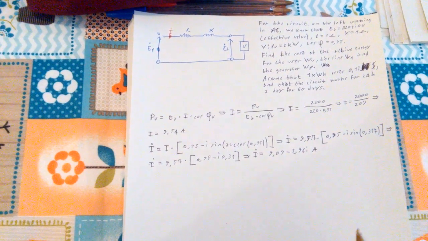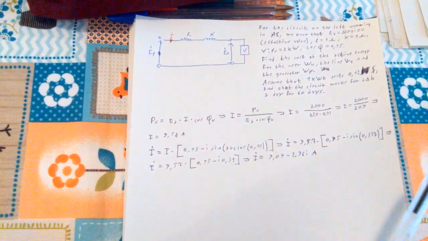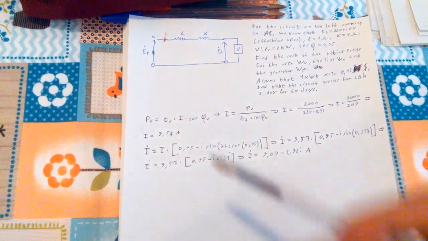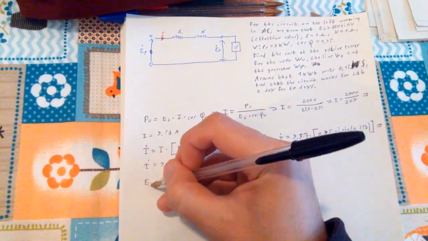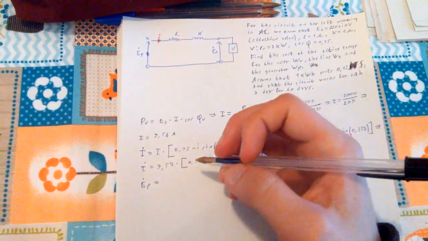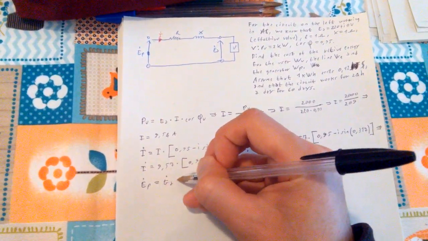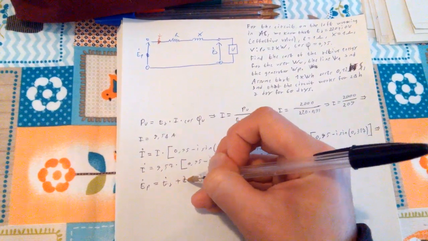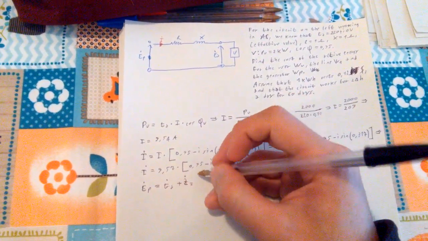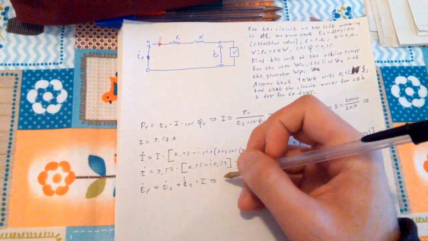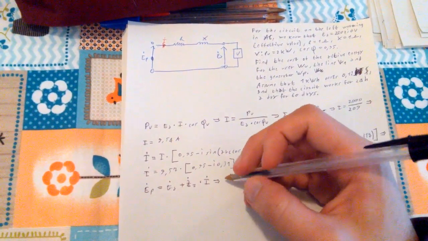Now what I'm gonna find is the starting voltage EP. So the starting voltage EP will be EA plus Z times I. Oh, I complex, of course.